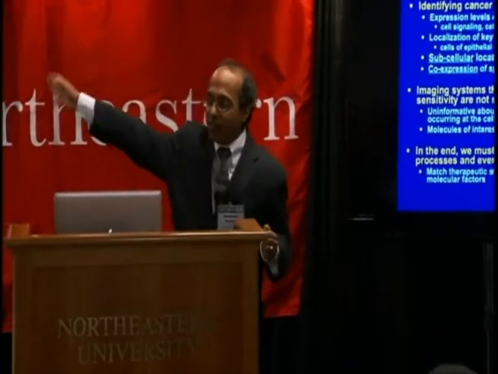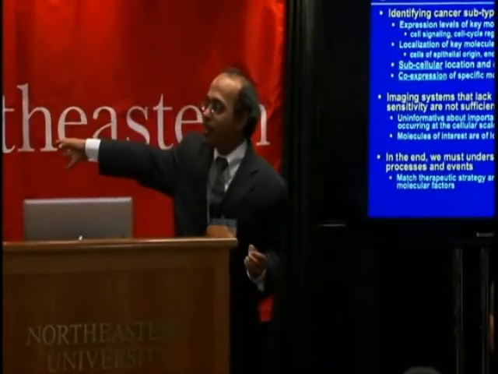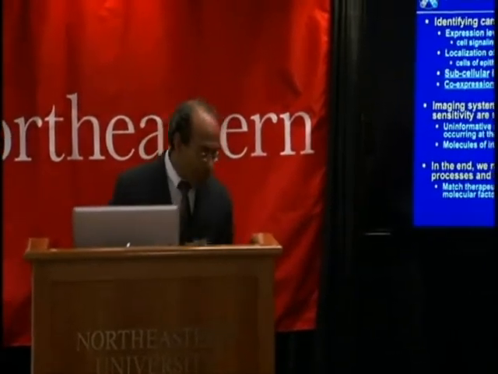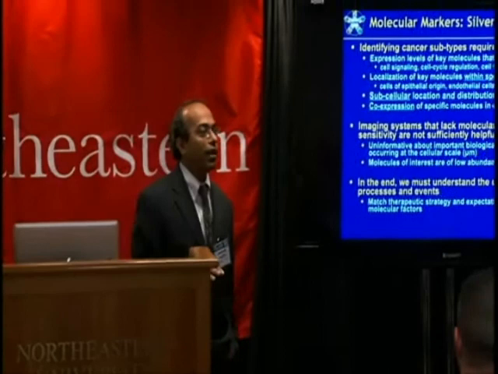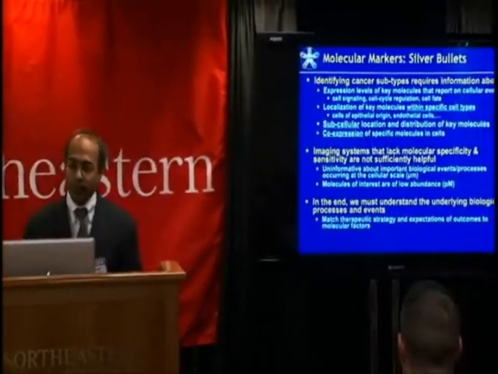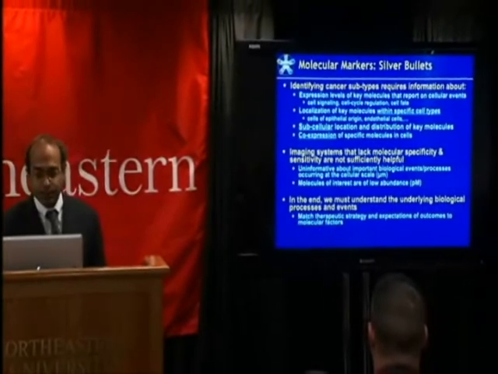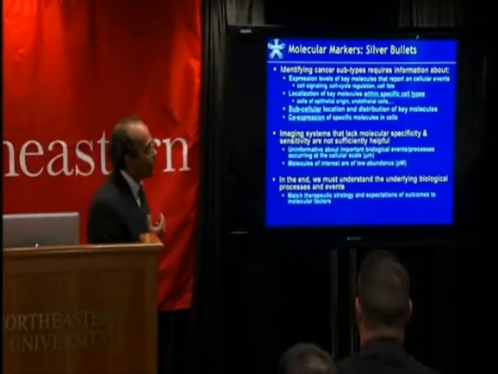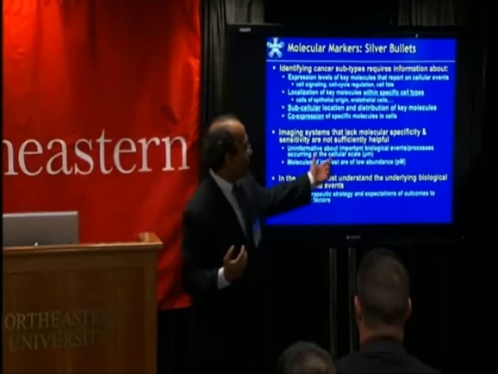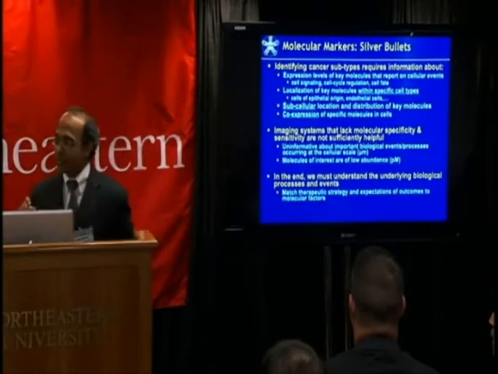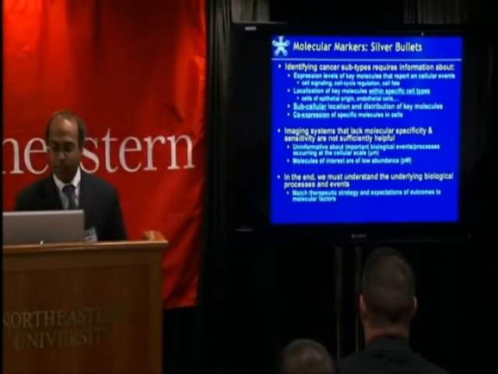You're not interested in the tumor cells or something else, right? So in the end, it all boils down to understanding the real biology of what's going on to make a real decision as to what the disease condition is. So imaging systems that lack molecular specificity are not nearly as helpful as those that can essentially seek out particular molecules that are of interest.